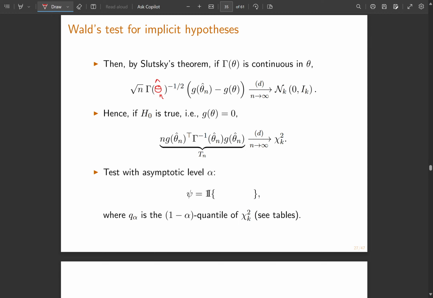Is that clear? Do you have any questions? All right. So then, under null hypothesis, we know that g of theta is equal to 0.